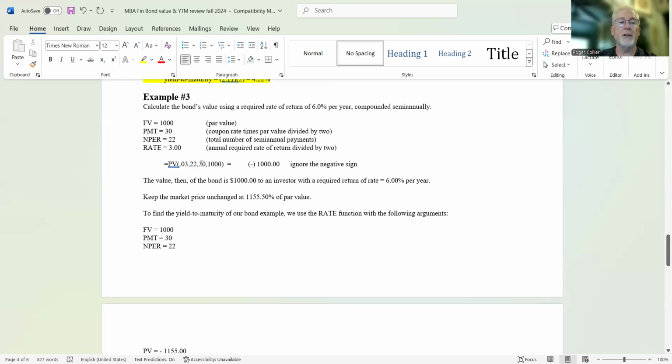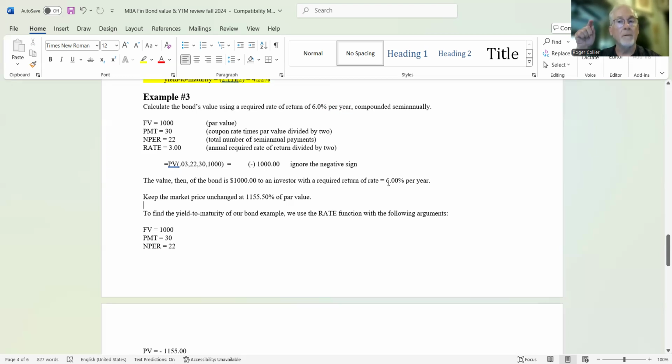The payment is 30. The future value is 1,000. Do the calculation, and I find the value is $1,000, exactly equal to par. And that's because in this example, our required rate of return and our coupon rate are equal.